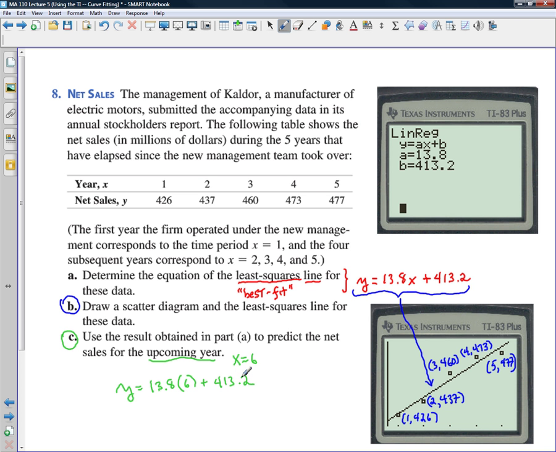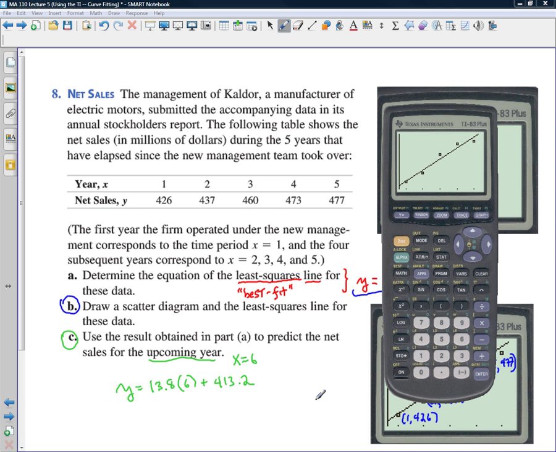Pick up the calculator, clear, and take 13.8 times 6 and add 413.2 to it. 496 is the result.